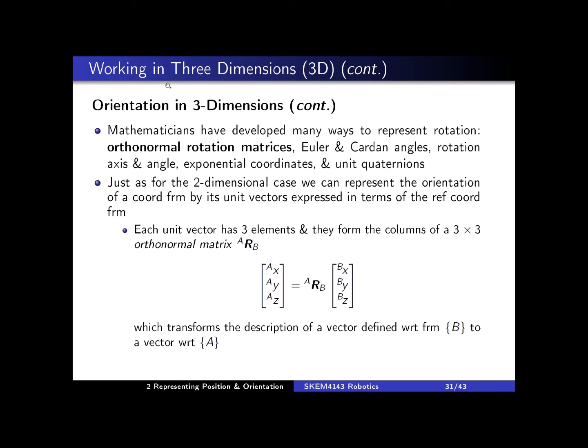So if for the two-dimensional case our rotation matrix is 2 by 2, for the three-dimensional case now our rotation matrix is 3 by 3, which transforms the description of a vector defined with respect to B to the vector with respect to A. So this matrix is the same as before, except that now the dimensions are different.